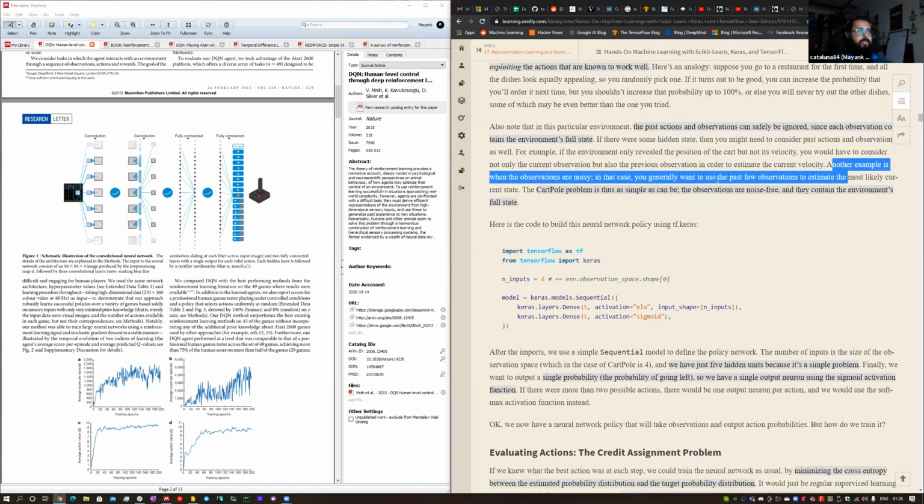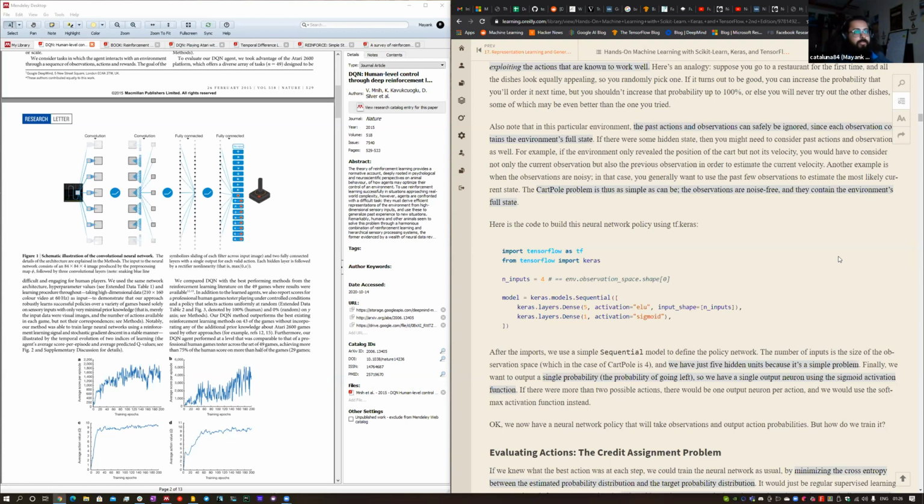The other example they give is when the observations are noisy. In that case, we generally want to use the past few observations to estimate the most likely current state. Noisy observations are with respect to a certain noise or randomized adversarial attack being done at each time step in one of the 4 or all the 4 parameters.